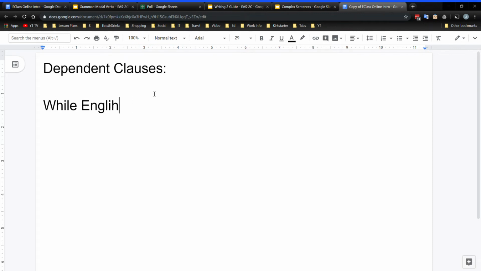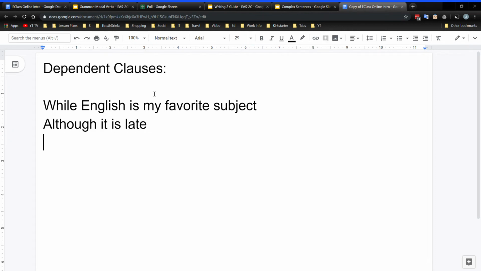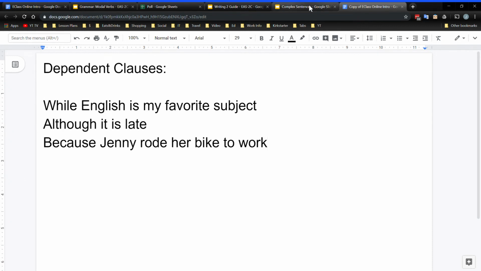While English is my favorite subject, although it is late, because Jenny rode her bike to school, I'll say to work. So something like this. Yours obviously will be different, but should look like that. So starting with the dependent clauses first.